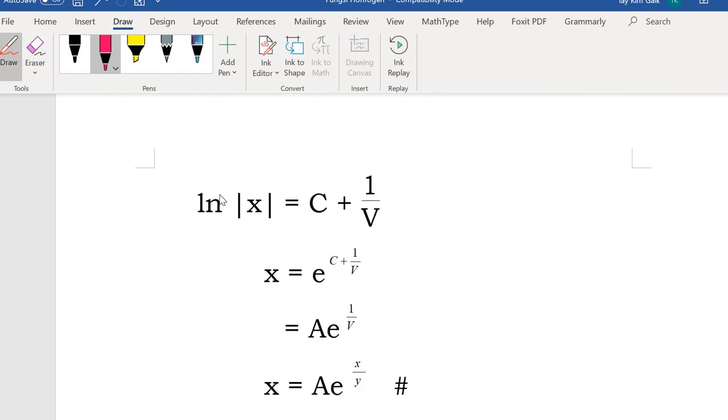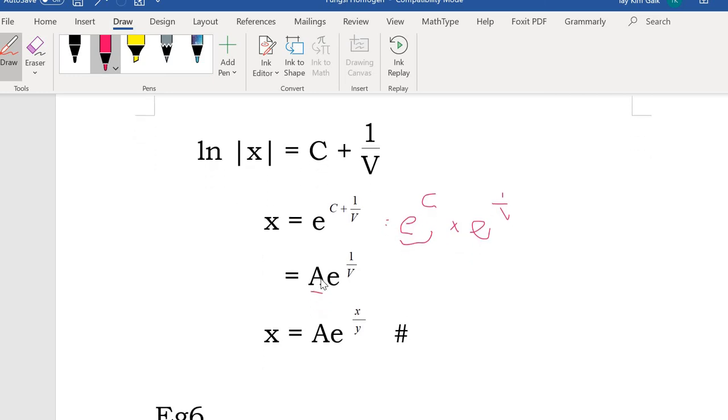So to eliminate the ln, ln is log base e, so x will be e to the power c plus 1 over v, where again you can break the exponential term as e^c multiplied by e^(1/v), where e^c is actually your a, a constant a.